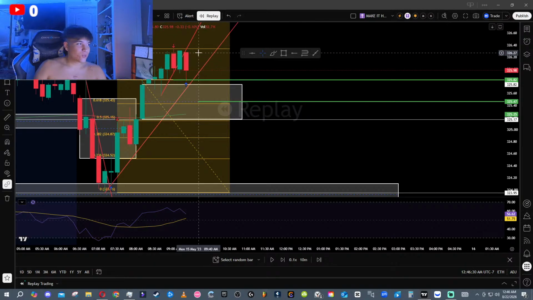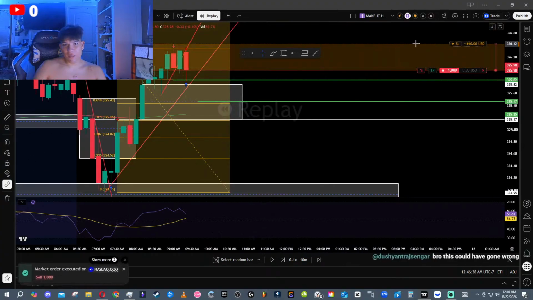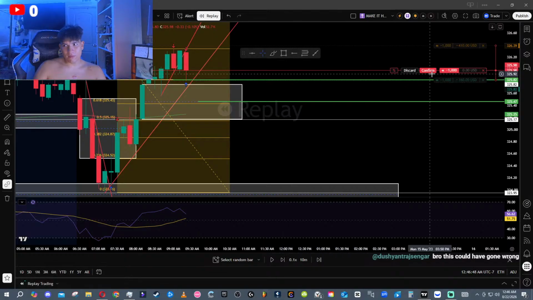What I like to do is this. If I do place my stop loss, I'll place it like this. I place my stop loss where it makes most sense, right above resistance. TP, where I want it, right there. Confirm.